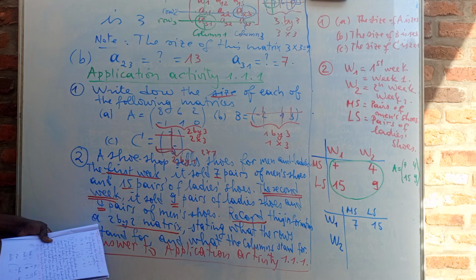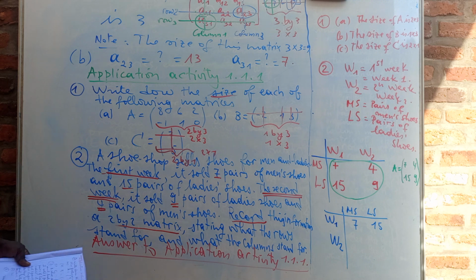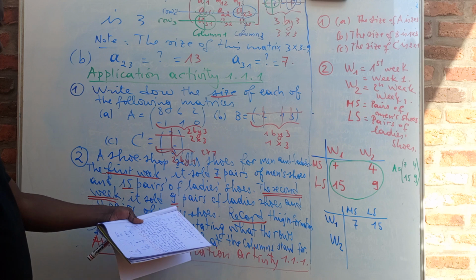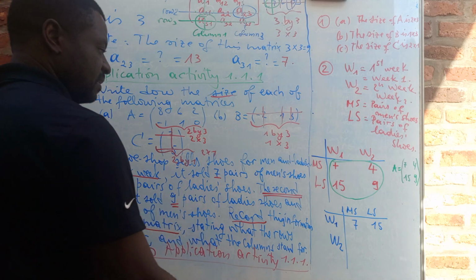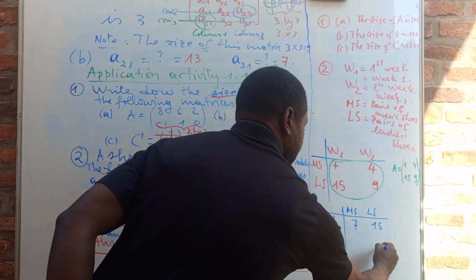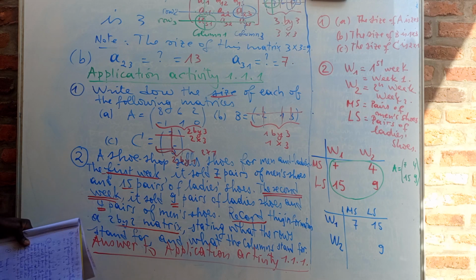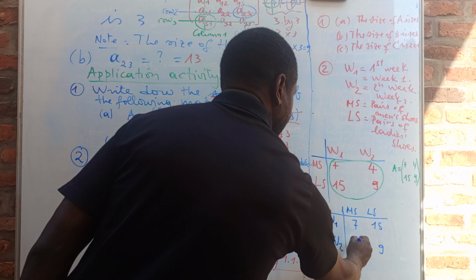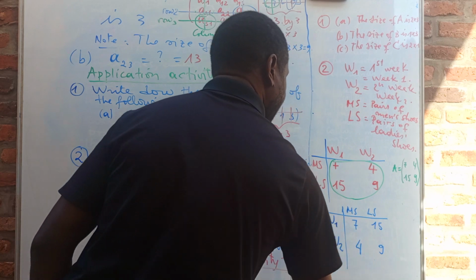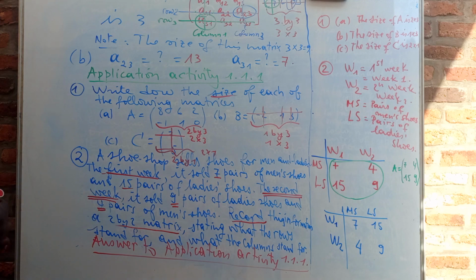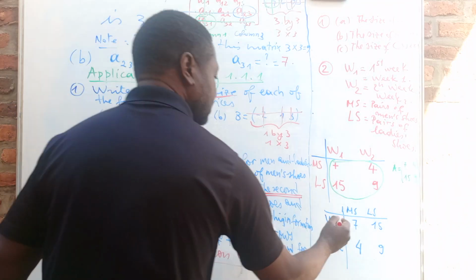In the second week, they sold 9 pairs for ladies and 4 pairs for men. So the matrix that we have is this one.